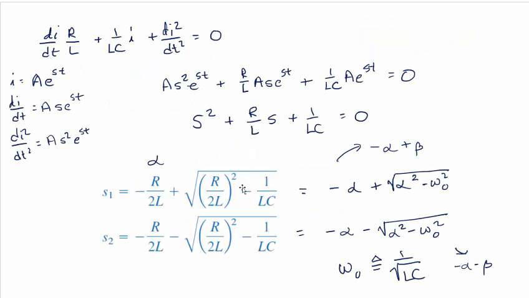So if I look back at what these two roots are right here, the two roots to this equation are here and here. And there are several conditions that can occur that depend on the values of the R, L, and C. In one case, well, this is always going to be a real number.